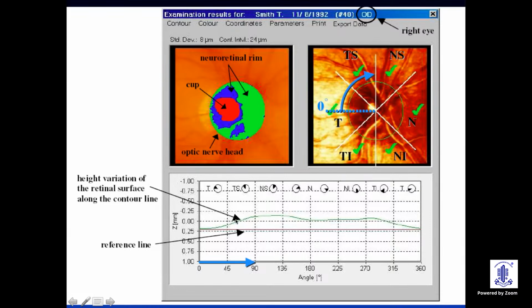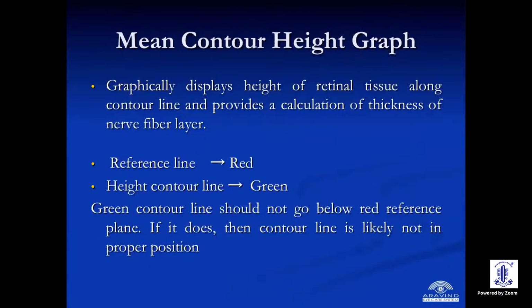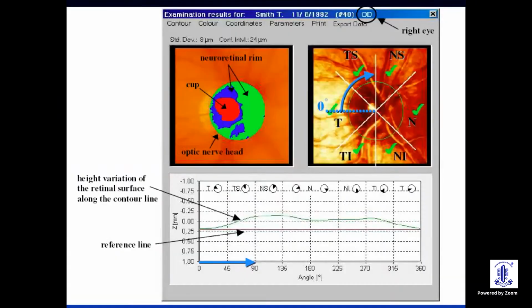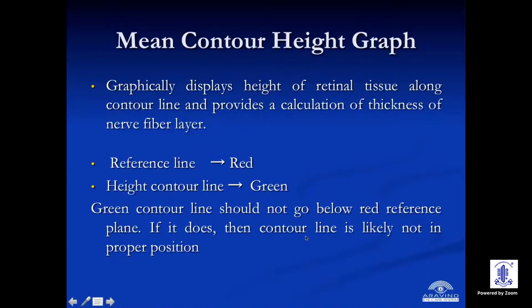And you can note the normal double hump appearance with higher thickness in the superior and also in the inferior regions. This green line is the surface height. This should never fall below the reference line.